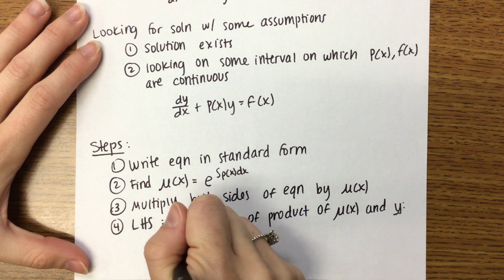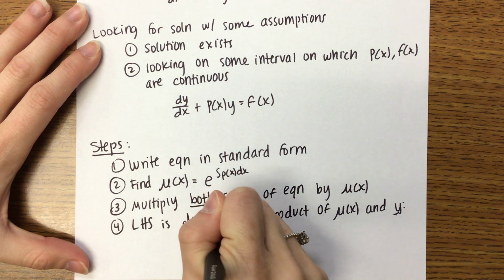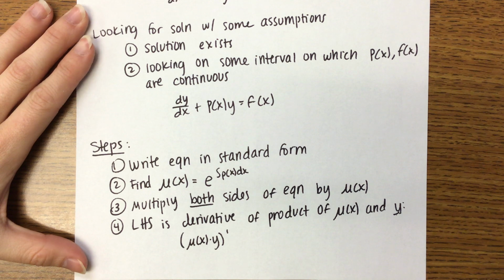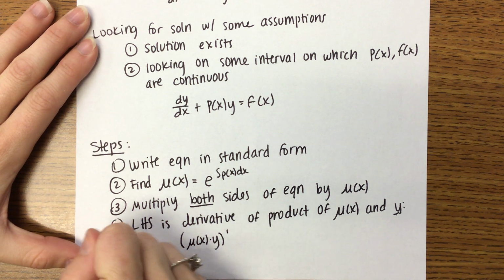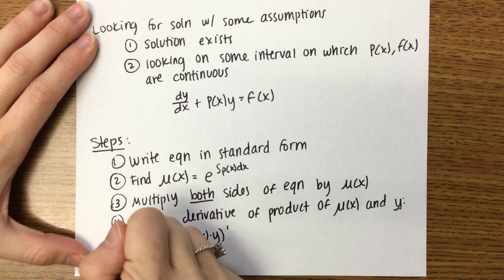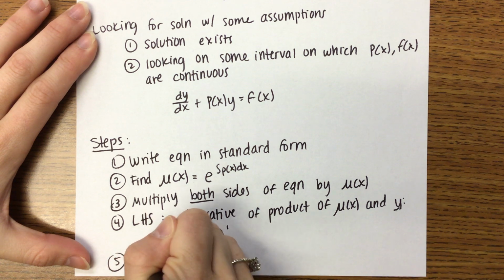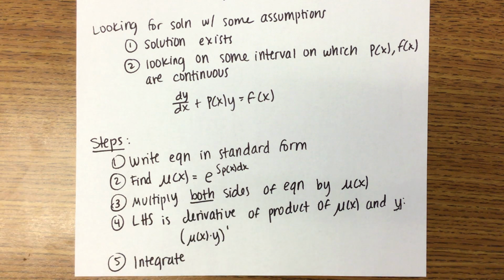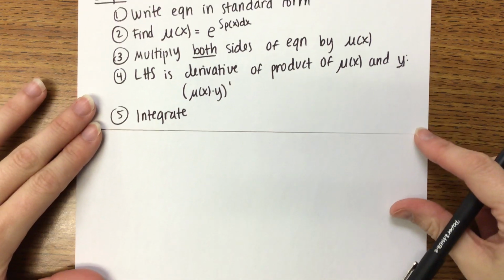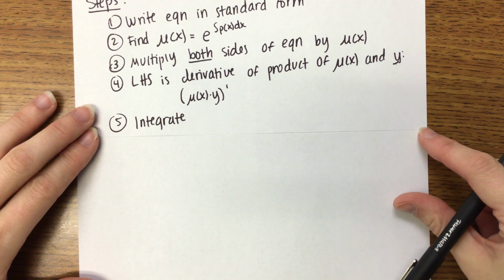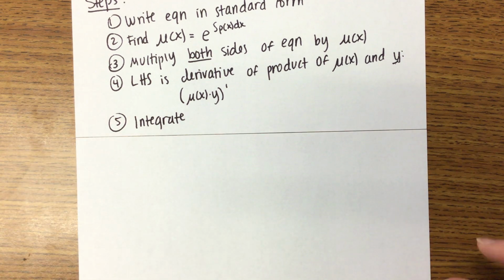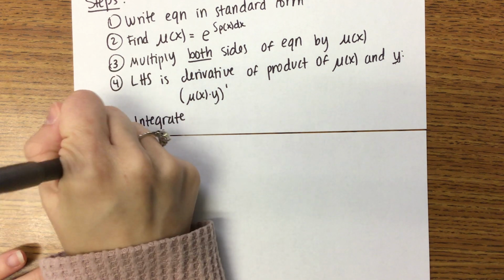So the left side, you'll have mu of x times y, and it'll be the derivative of that. Lastly, you'll end up integrating both sides. Okay. So we'll do an example, and this should get a little bit clearer.